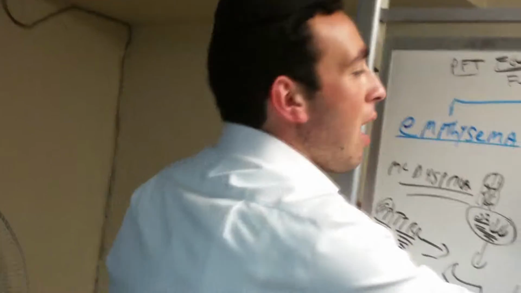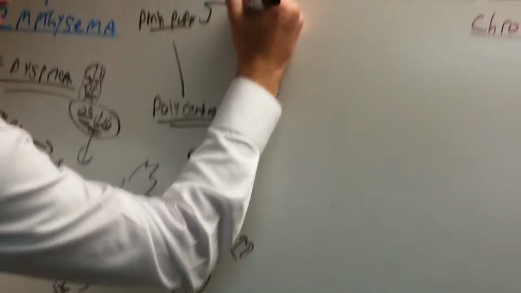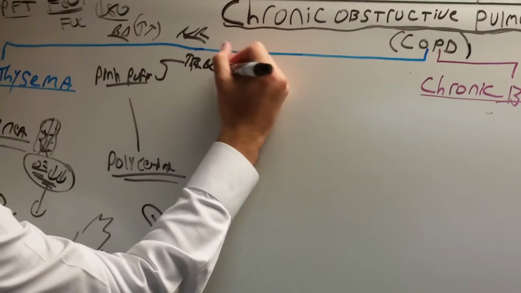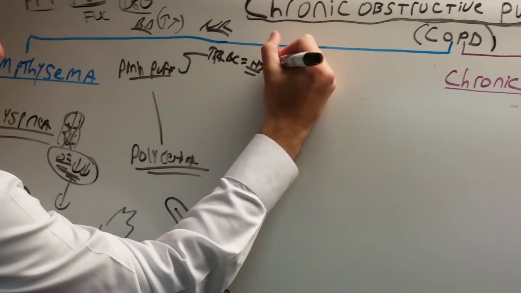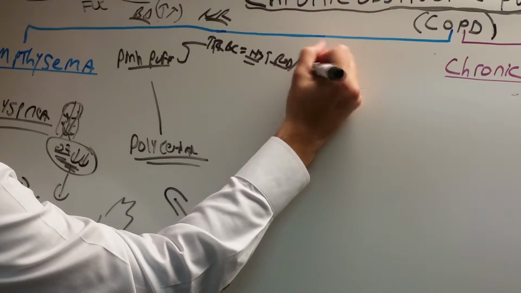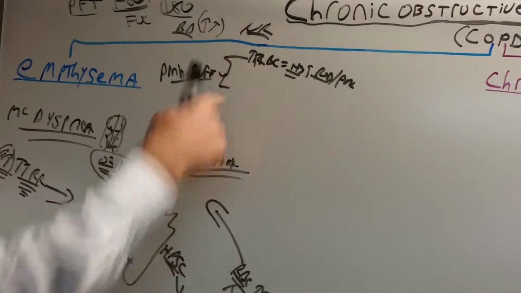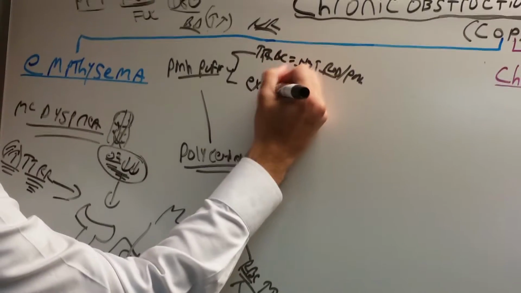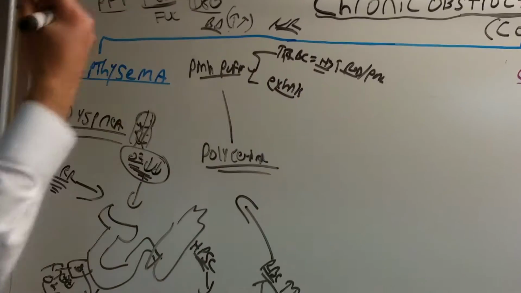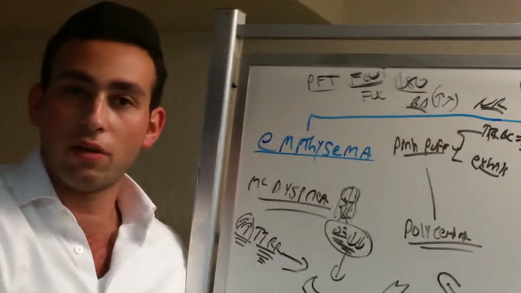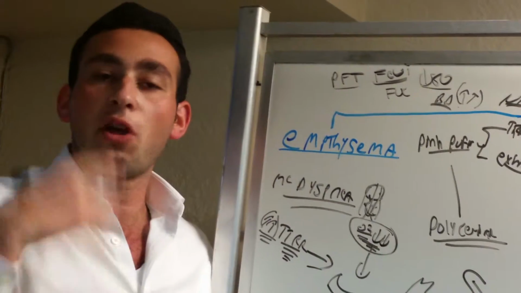Why does this happen? Because red blood cells contain hemoglobin. The more red blood cells, the more hemoglobin, and the more hemoglobin, the more pink the patient is going to get when he's exhaling. And of course, he's going to have a long exhale. Why? Because it's an obstructive disease, so air has a very hard time getting out.